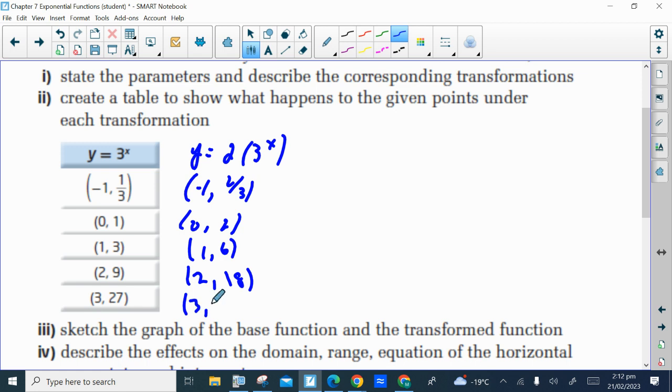And 27 times 2. Vertical stretch by a factor of 2. Vertical is up and down. It's the y values that go up and down.